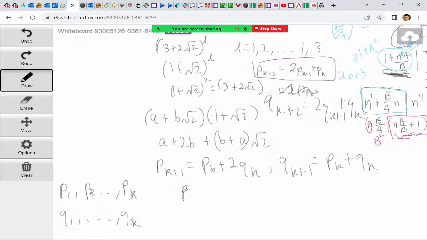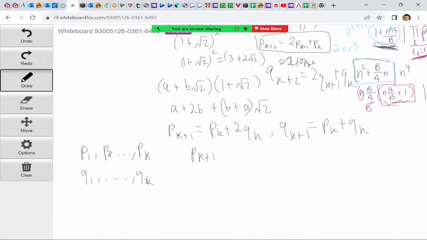So then PK plus 1... if you have everything up to PK, I write PK and QK in terms of PK minus 1 and QK minus 1, using the power definition. Oh, okay. You're writing these in terms of the previous ones? Yep. And then I get PK plus 1, QK plus 1.